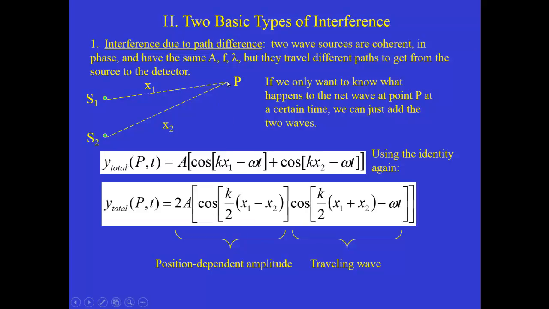If point P is in a location where x2 and x1 are different, then depending on how different they are, that will determine the amplitude. Some very cool things can happen when x2 and x1 differ by just very certain amounts.